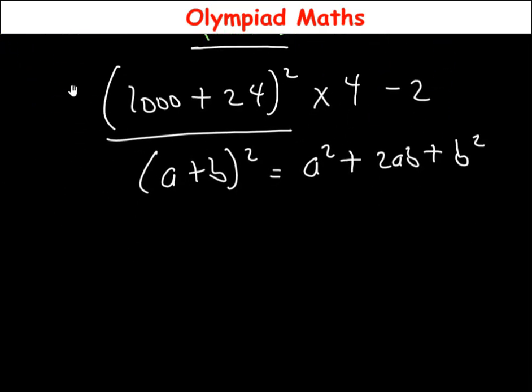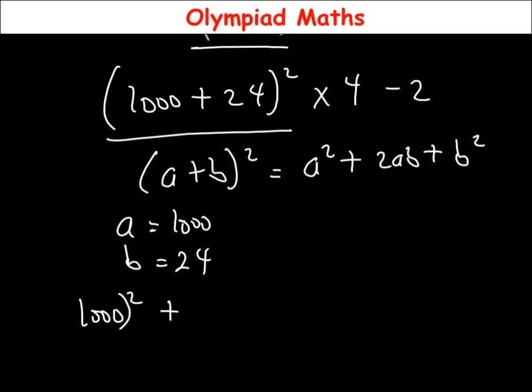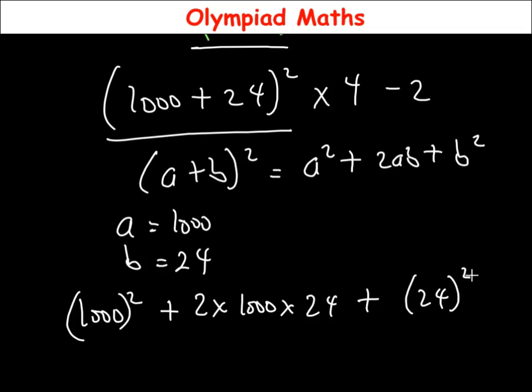In this case, the value of a is equal to 1000 and b is equal to 24. Now expanding 1000 plus 24 squared in this form, a squared becomes 1000 squared, plus 2 times a, which is 1000, times b, which is 24, plus b squared, that will become 24 squared.